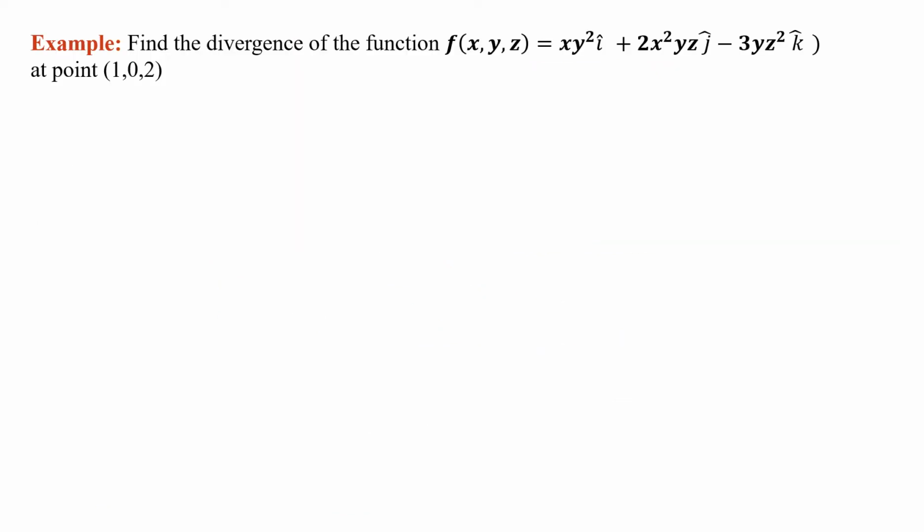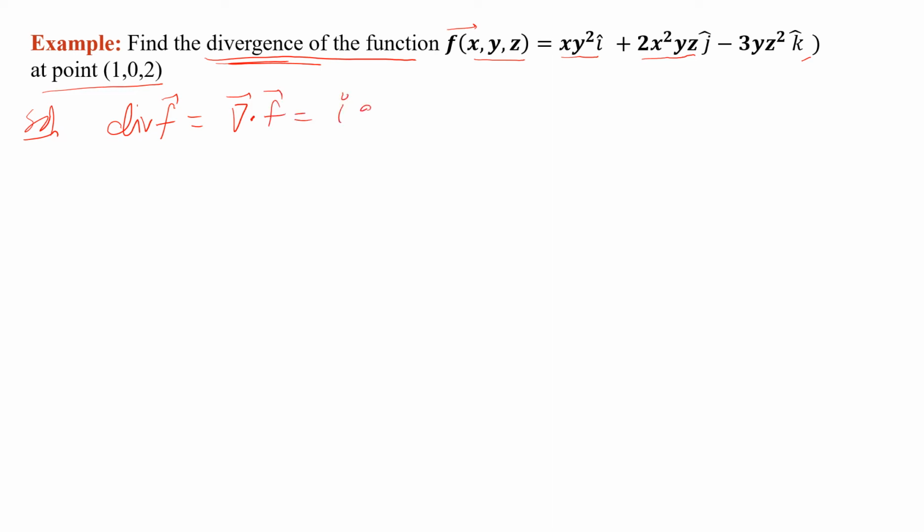Now we find the divergence of a function f(x, y, z), which is a vector function, x y square i plus 2 x square y z j minus 3 y z square k at this point. So we have to find the divergence. If you remember, divergence is what? Divergence of f, that is the del operator dot with the vector function f.